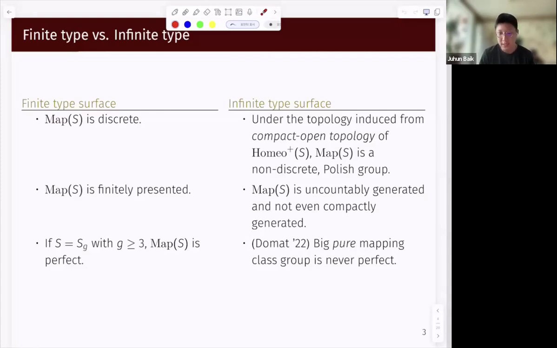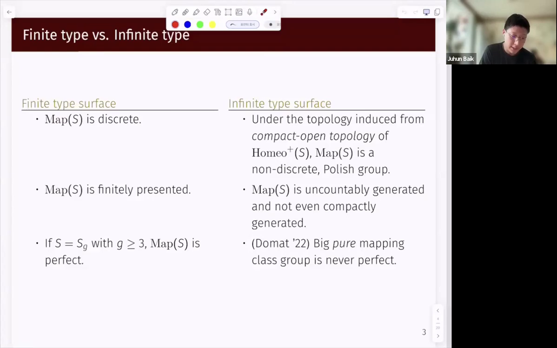So this gives a converging sequence to the identity. That means with this topology, the mapping class group of the infinite type surface is non-discrete, but still it is a Polish group.